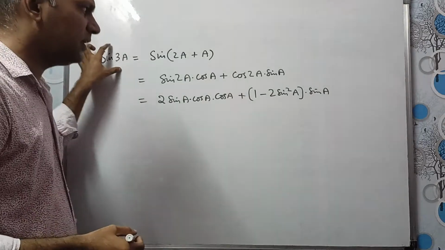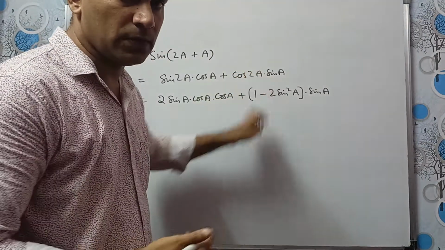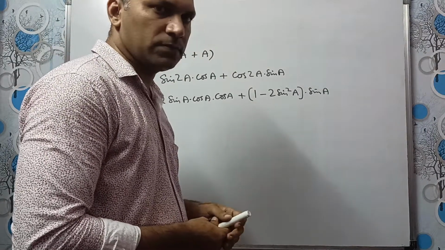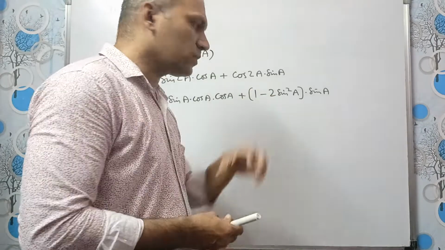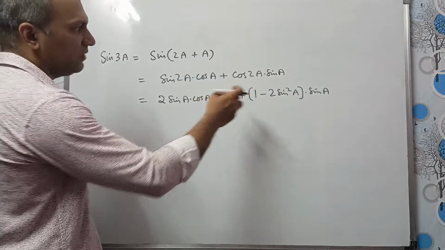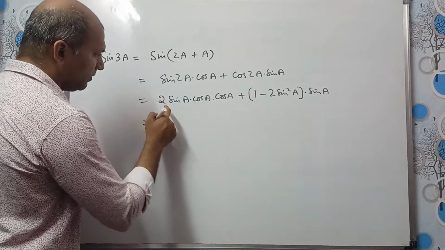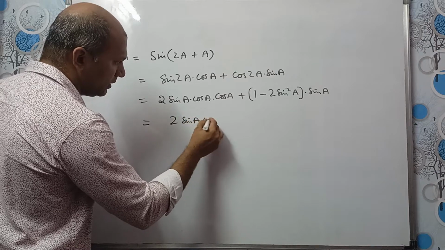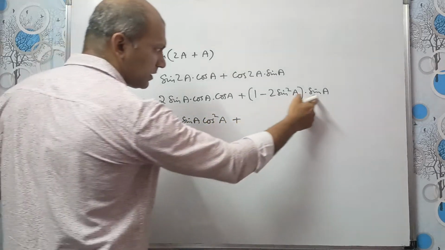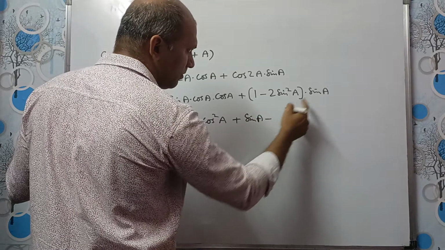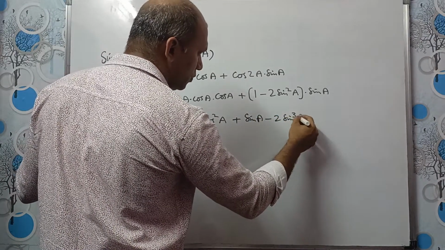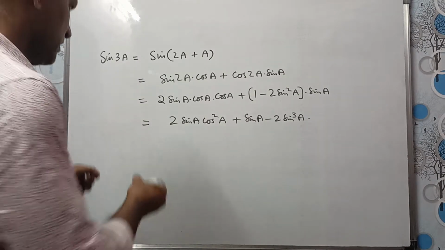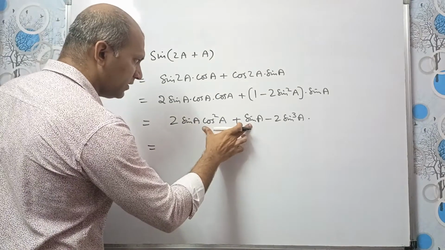See, this is sin 3A, right? Let us write this cos 2A in terms of sin only. We can write 2 cos square A minus 1 also, or cos square A minus sin square A also. But we are writing 1 minus 2 sin square A. So if you simplify this, what is this? 2 sin A cos A cos A. So this is 2 sin A cos square A plus sin A minus 2 sin cube A. So see, can we take sin common from these two terms?